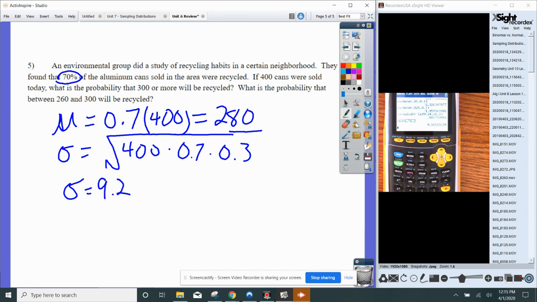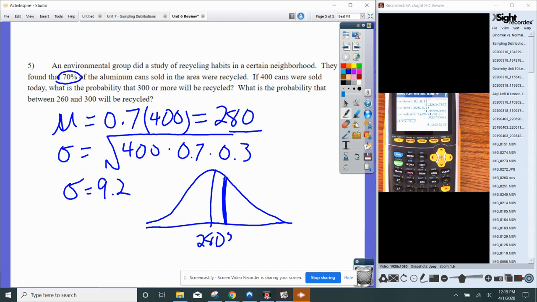Right, and then from there, we can look at this as a standard normal curve where the center is at 280, standard deviation of 9.2, and we want 300 or more. So 300 is about right here or more. So if we use second vars 2, the lower bound here will be the 300.